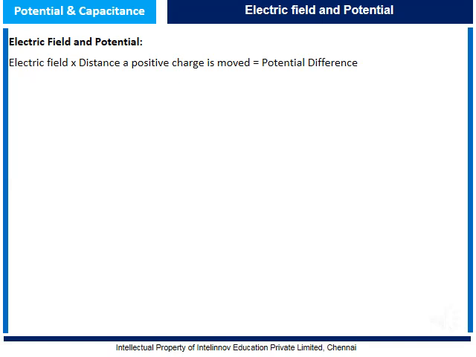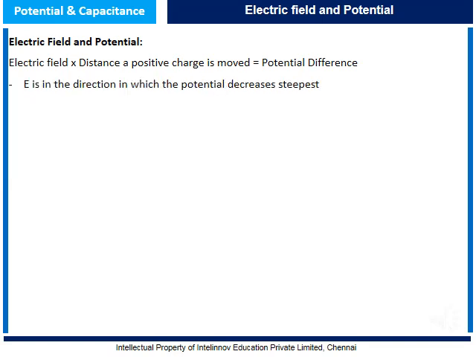Now let us understand the relationship between electric field and potential. The relationship is: electric field into distance a positive charge is moved is equal to the potential difference. Here, the electric field is in the direction in which the potential decreases steeply.